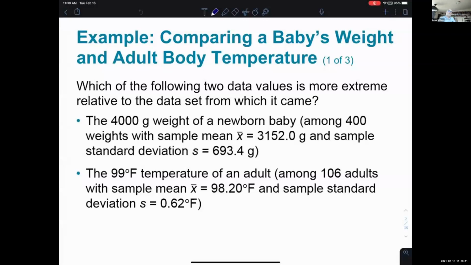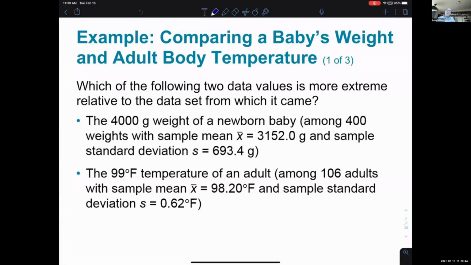The 4,000 gram weight of a newborn baby among 400 weights with sample mean of 3152 grams and sample standard deviation of 693.4. Or instead, a 99-degree Fahrenheit temperature of an adult among 106 adults with sample mean of 98.2 degrees Fahrenheit and sample standard deviation of 0.62.